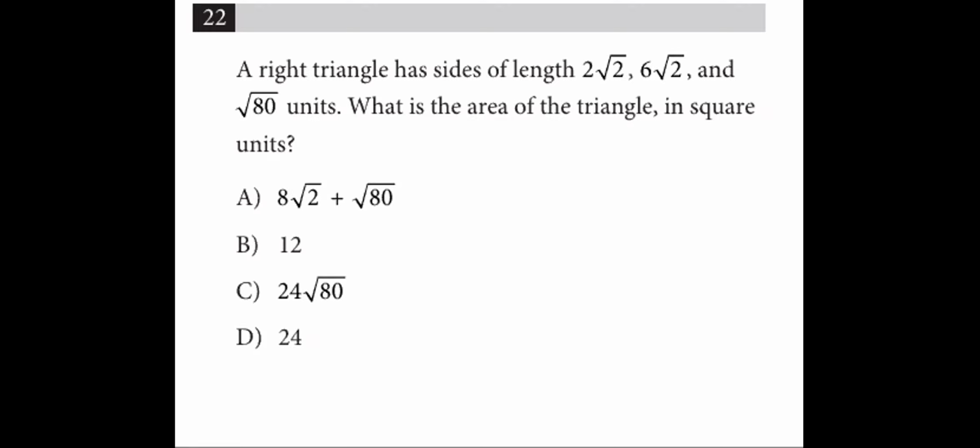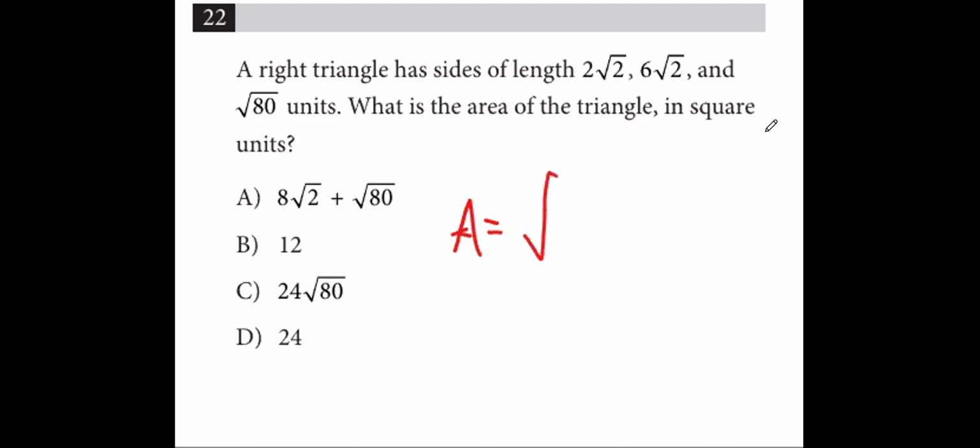Okay. So in this case, I'm relatively sure the way I'm solving this is not the right way, but it works. So what is the area of the triangle? Well, in this case, I'm going to be using Heron's formula to solve this.